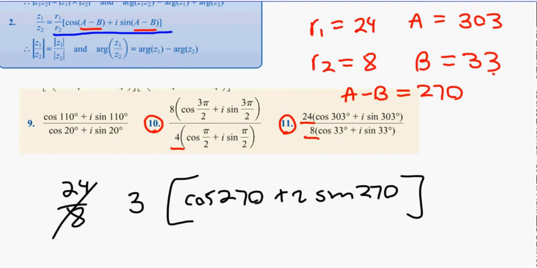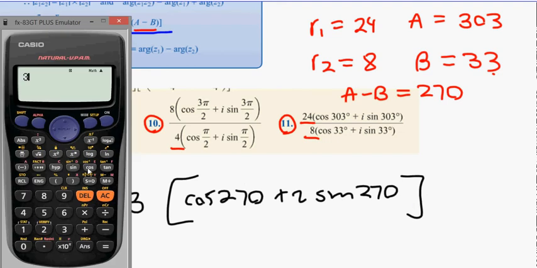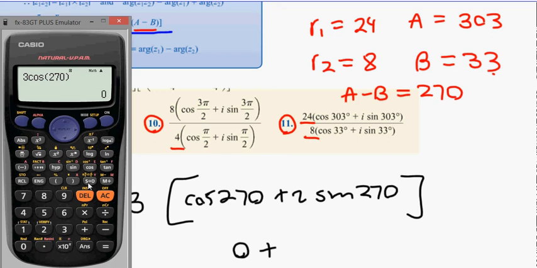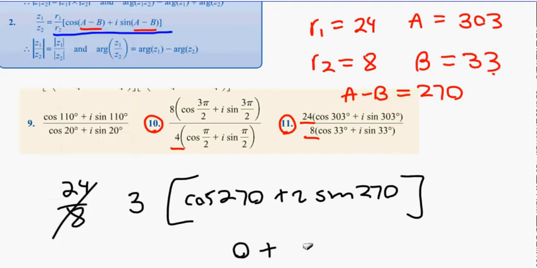Put that into the calculator, so we're going to get 3 cos 270, that is 0. And then sine 270 is going to be minus 3. So it's going to be 0 minus 3i, which is simply going to be minus 3i. Okay, so that's question 11 done.